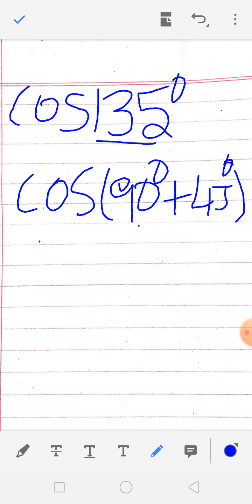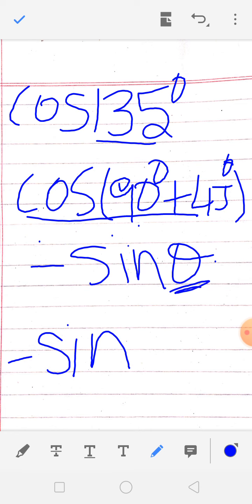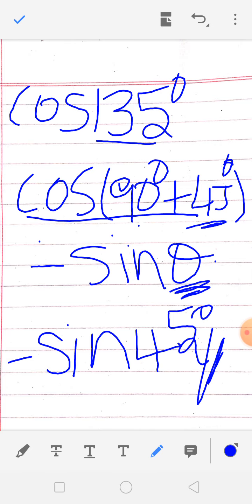Cos of 90 degree plus theta. Cos of 90 degree plus theta answer is minus sin theta. So it will change to minus sine. In the place of theta, what do we have? 45 degree. So 45 degree. That's it. So this is what we have to prove. First sum.